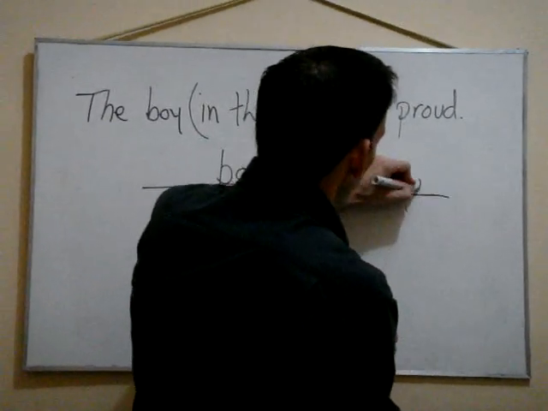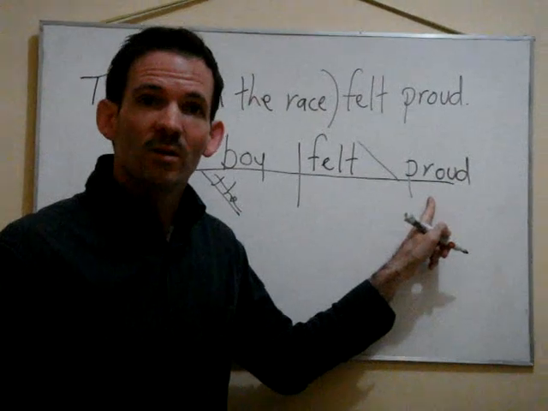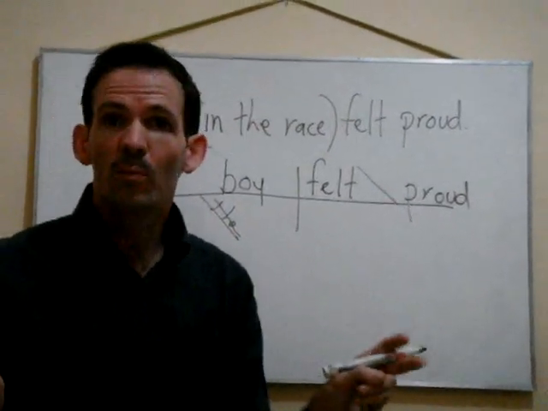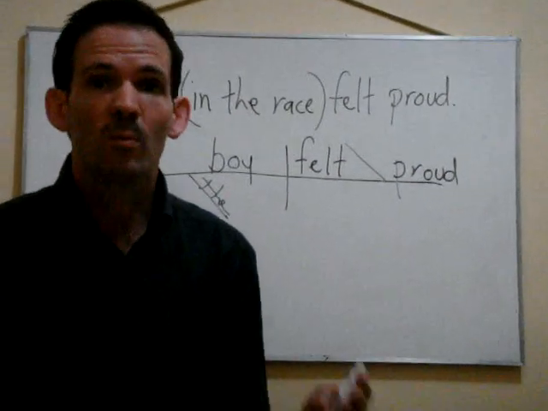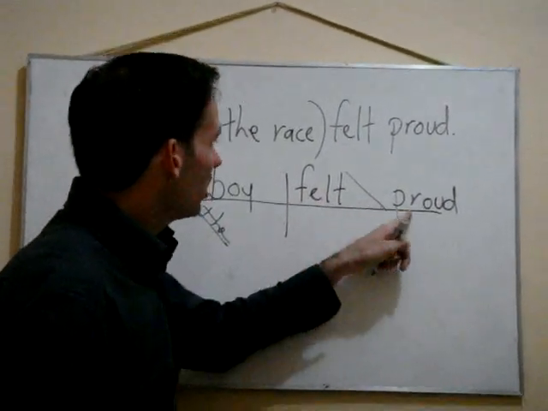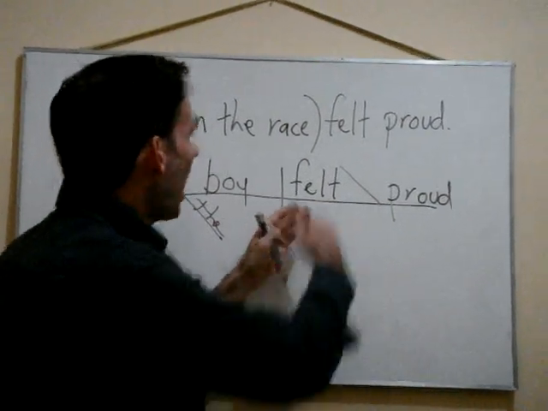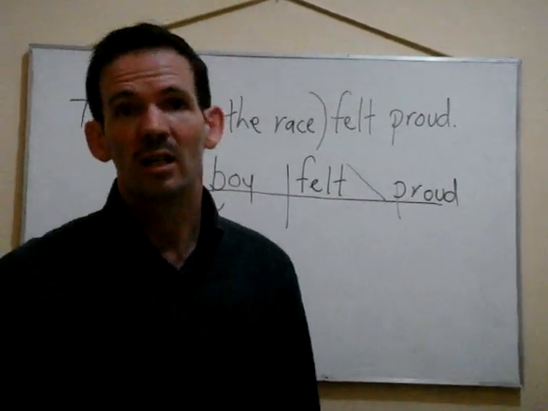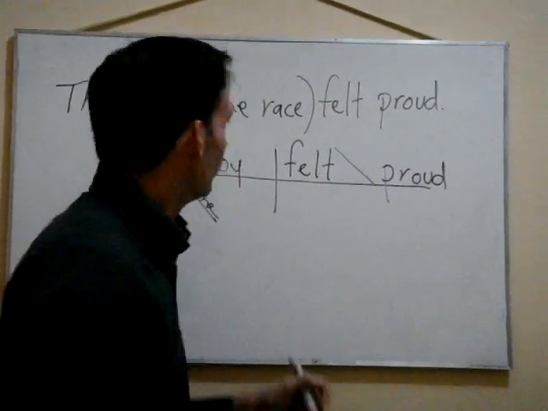And sure enough, this is what is called a predicate adjective. It's saying it's the proud boy, the big boy, the tall boy. It's just an adjective that's being linked by a linking verb. It happens after the verb. That's why we call it predicate adjective. Pretty big terminology for a fairly simple idea.